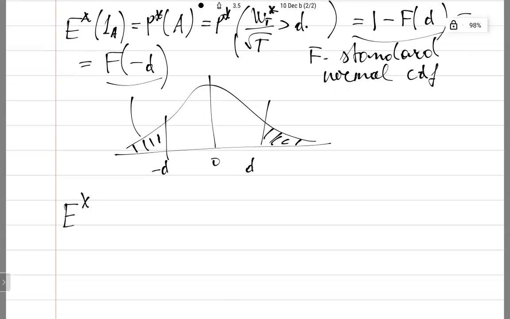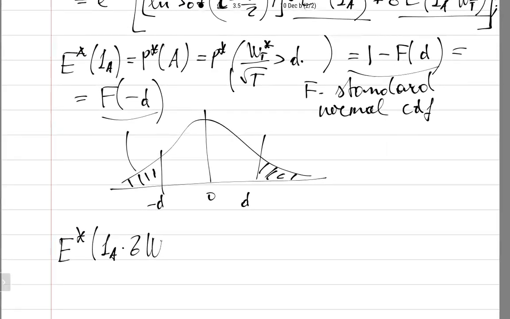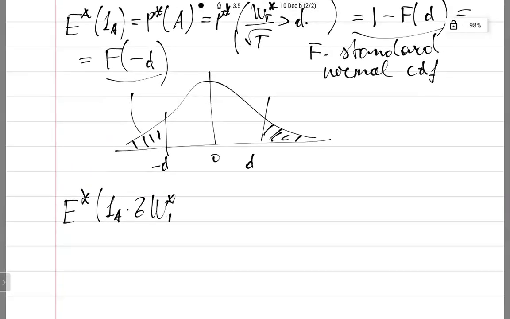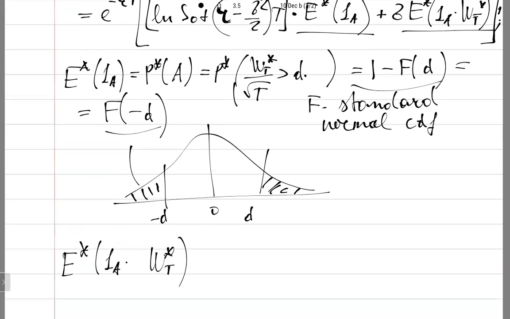We need expected value star of 1_A times sigma W. We have no sigma already.